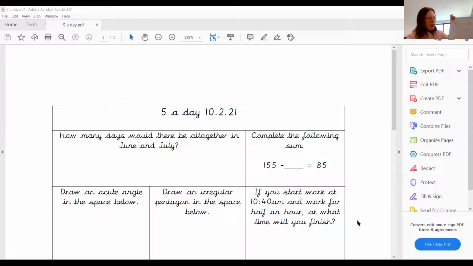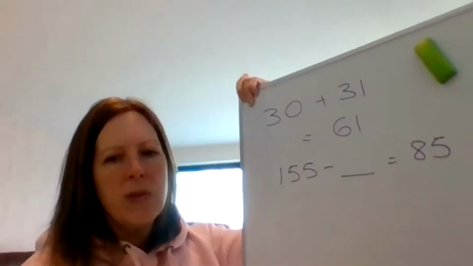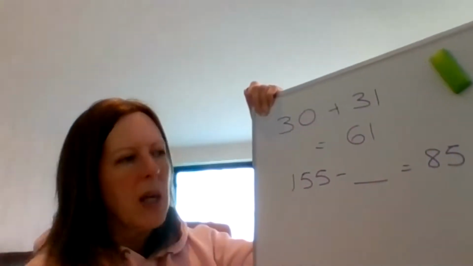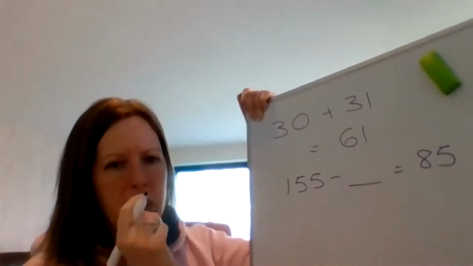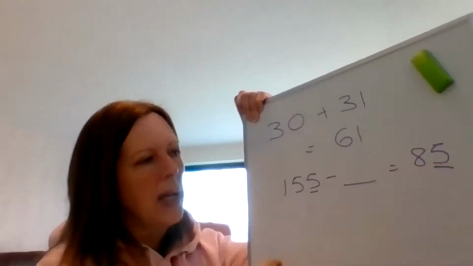Okay. So the next question is 155 take away something equals 85. So we've got to find out what that something is. I'm just going to come out so you can see the board a little bit clearer there. Now I hope you notice that our ones number is exactly the same.